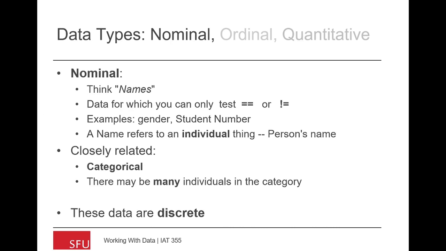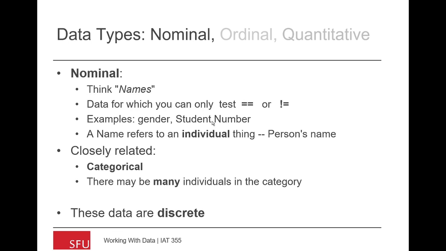list of operations. You can only test for equality or inequality. Is it the same name or a different name? Is it the same address string or a different address string? Examples of that are, say, gender. Is it male or female or third gender or whatever you might choose? It's the same for student numbers.